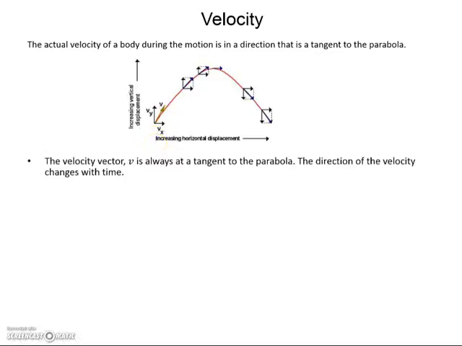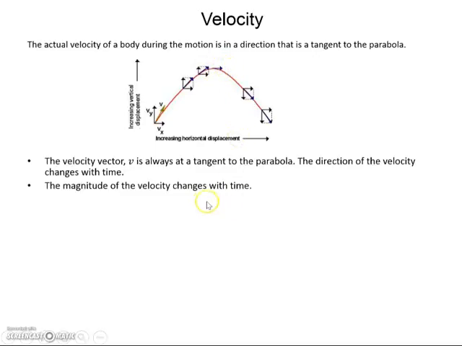Now, these are some dot points that will sum all of the key points up. The velocity vector, v, is always at a tangent to the parabola, and the direction of the velocity changes with time. So our little arrow is going to be going up there, a slightly different angle here, a slightly different angle here, and so on.